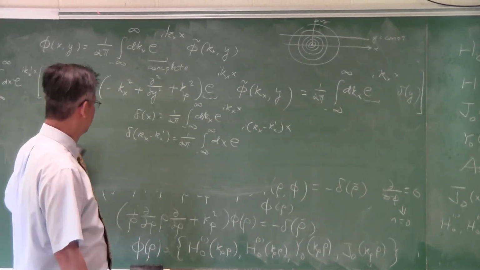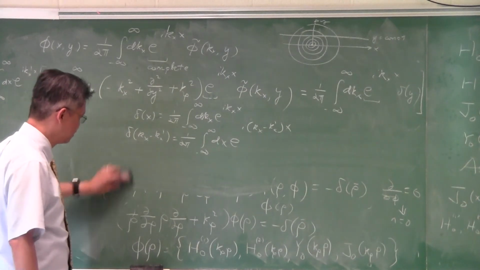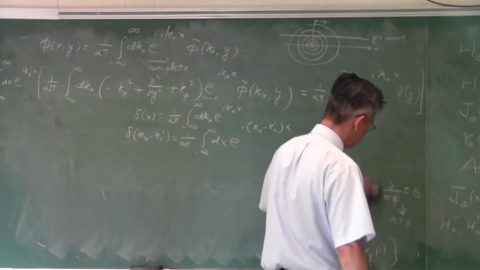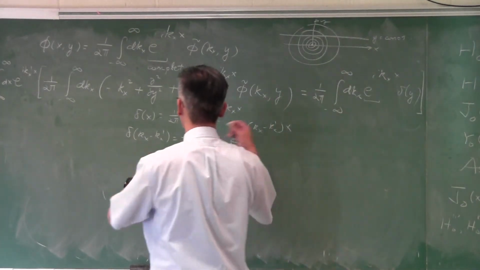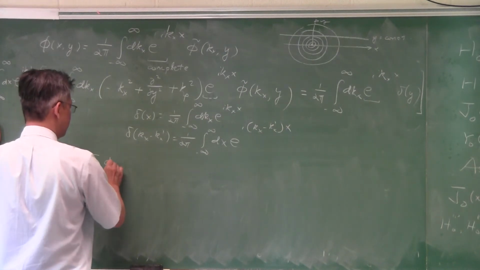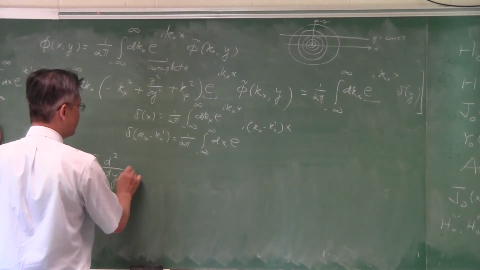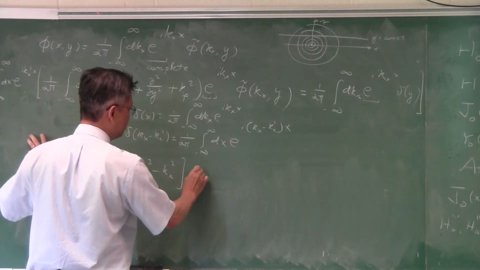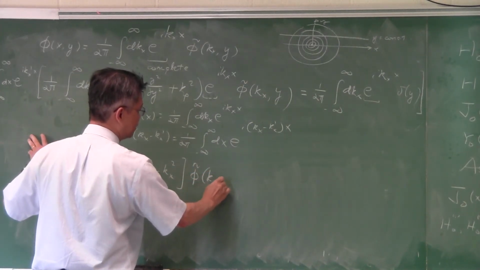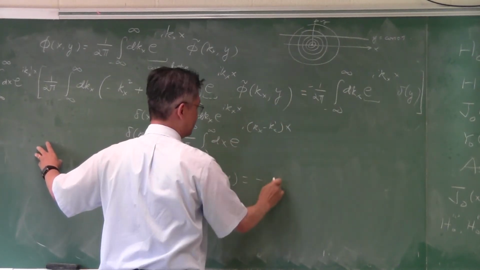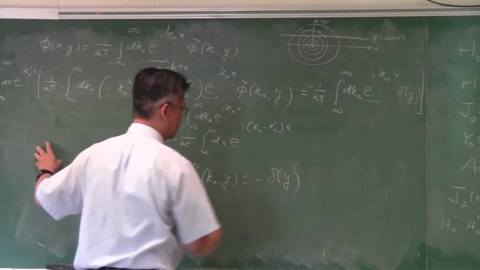And because of this fact, we can equate the two integrands now and say that the equation I have is partial squared partial y squared plus k rho squared minus kx squared, phi tilde kx y, is minus, there should be a minus sign there, delta y.